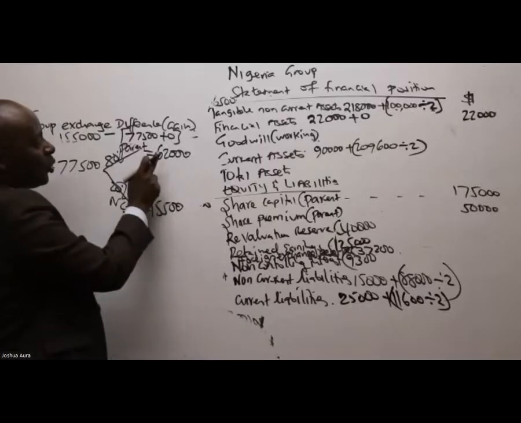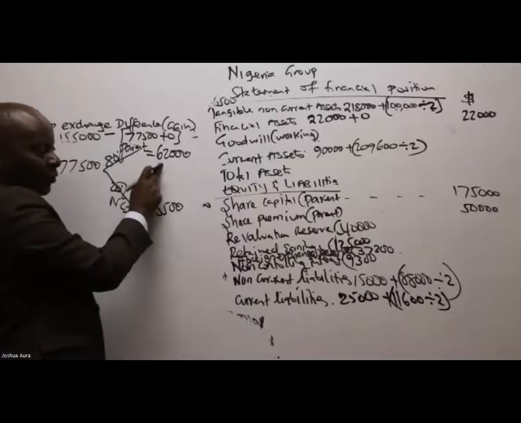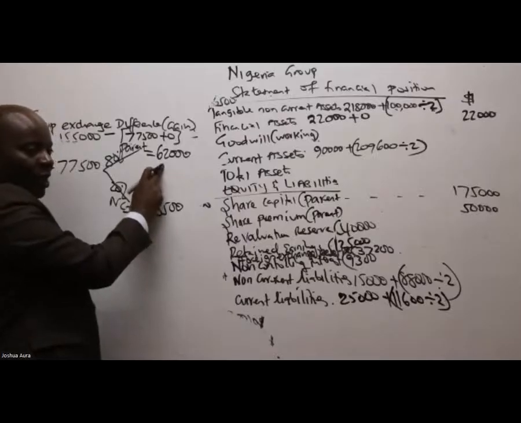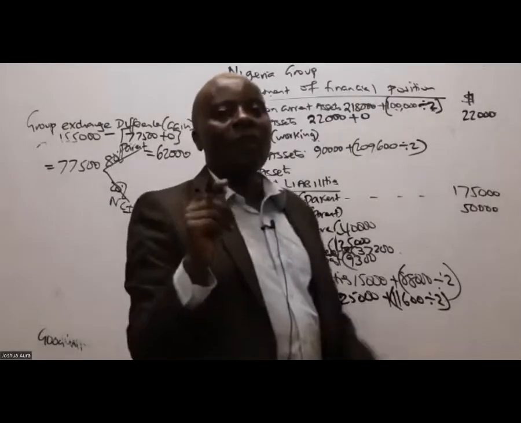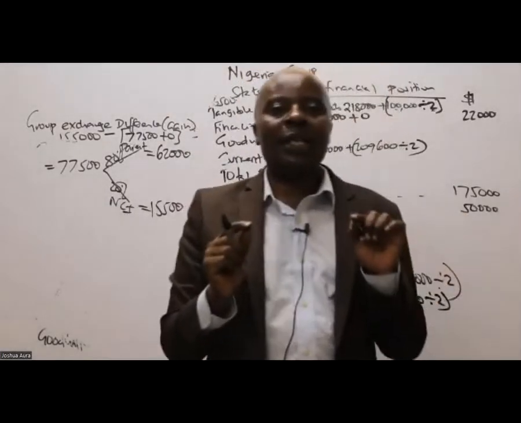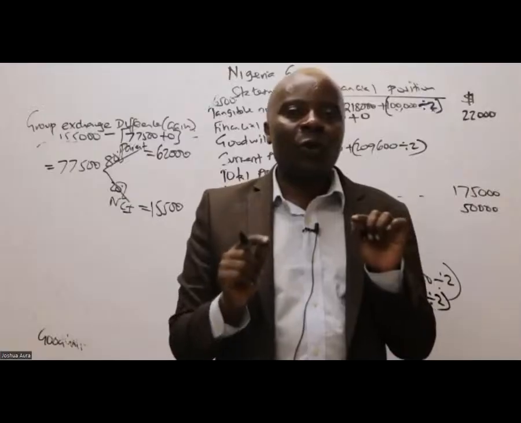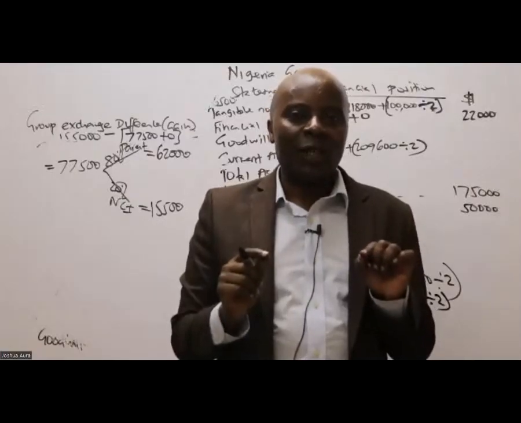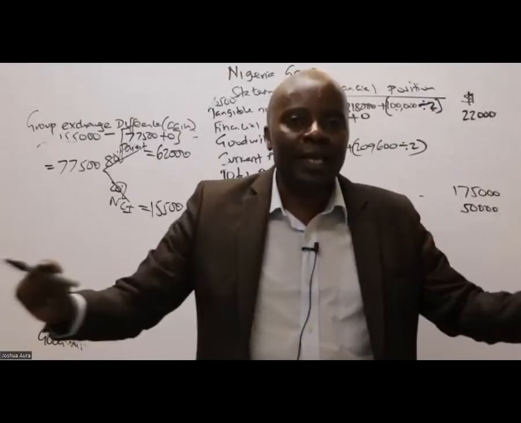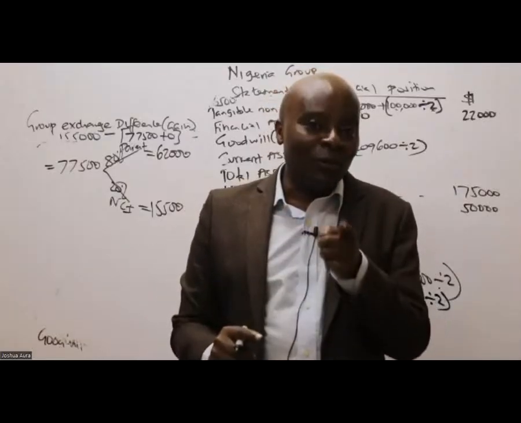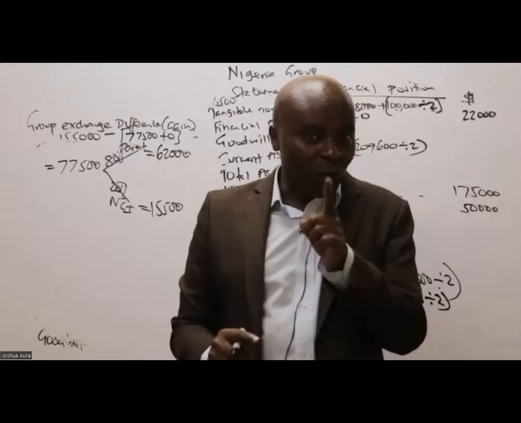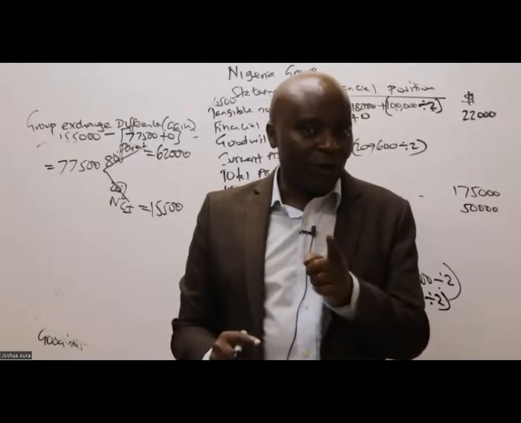Remember, this will not go to the group retained earnings. This will go to the foreign currency reserve. In the income statement, these revaluations resulting from foreign currency translation go to other comprehensive income. These amounts are never available for sharing to the group owners as dividends.